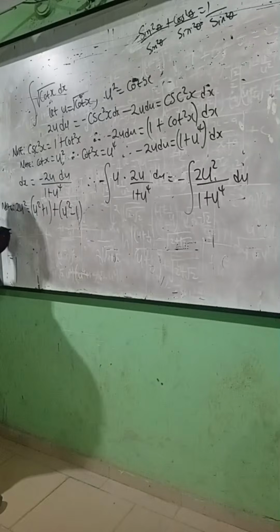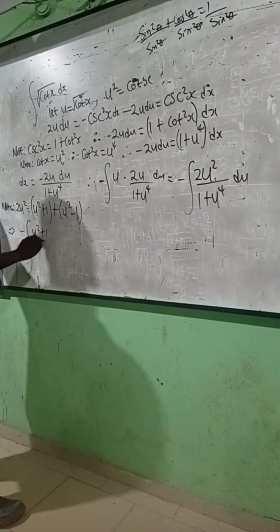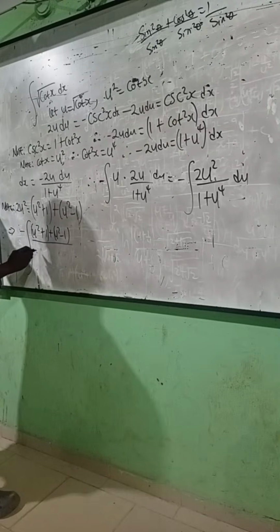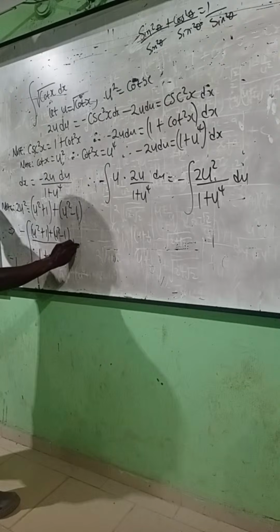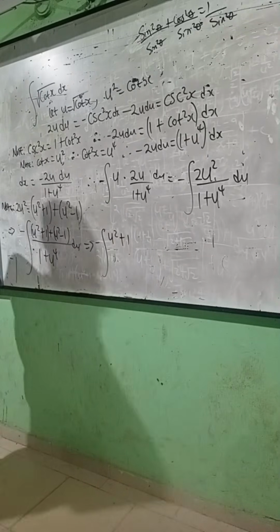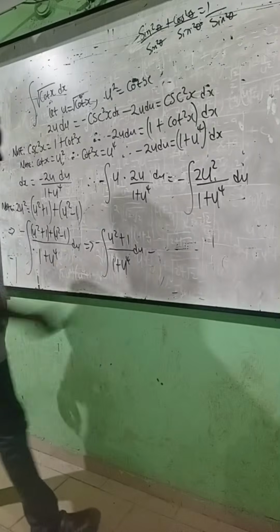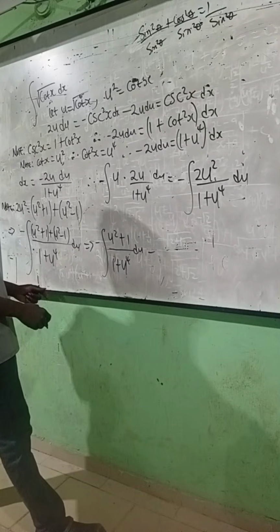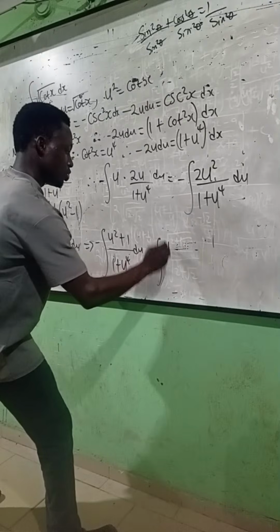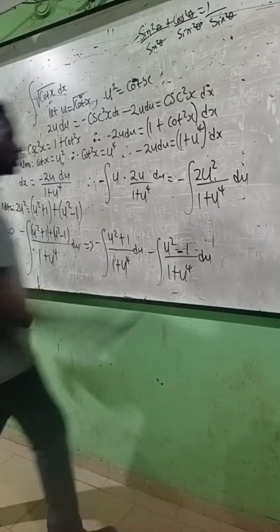So the question now becomes minus integral of u squared plus 1 plus u squared minus 1 divided by 1 plus u raised to power 4 du equals to minus integral of u squared plus 1 over 1 plus u raised to power 4 du minus, because of this minus multiplying everything, minus integral of u squared minus 1 divided by 1 plus u to the power 4 du. We're almost done with this.